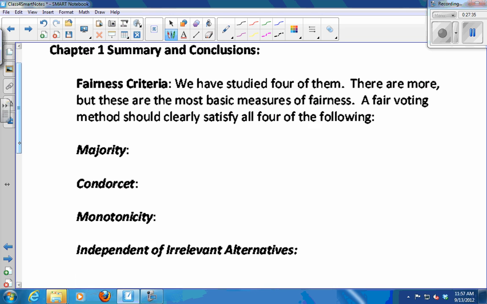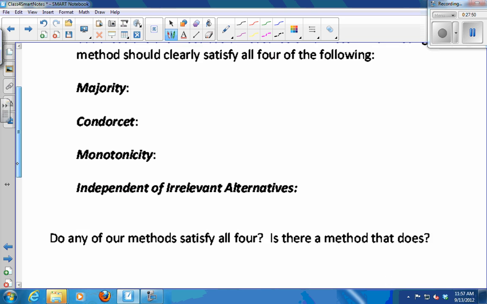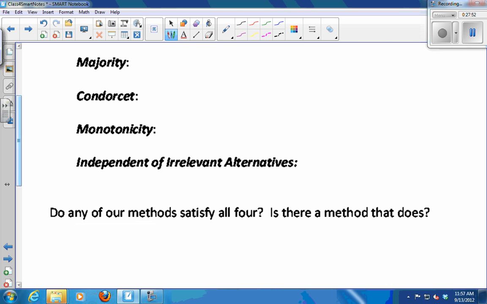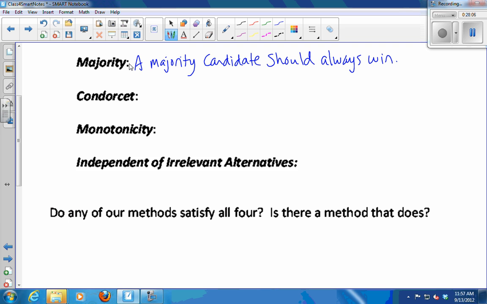Okay, so conclusions. We have 4 fairness criteria. There are lots more, but these are sort of the 4 most basic measures of fairness. Any fair voting method should clearly satisfy these 4 things. Majority: a majority candidate should always win.